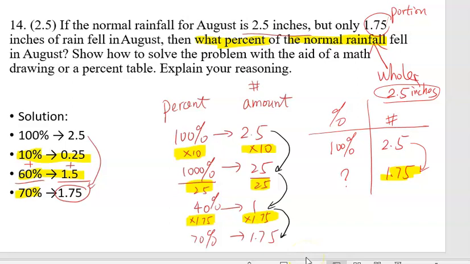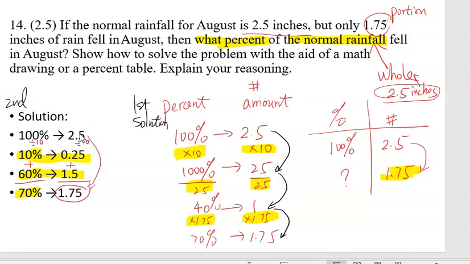There are other ways you could do it. For example, this is the first solution, and the second solution is a little tricky, and it's probably hard to think of. Instead of multiplying by 10, we divide both numbers by 10.